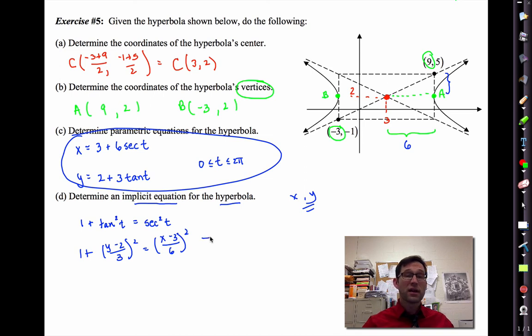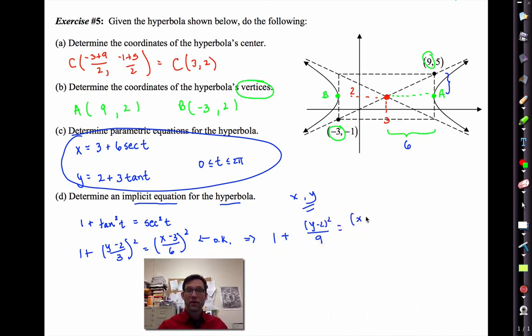Technically speaking, I suppose that's an okay answer because it is an implicit equation, only involves x and y. But I'm going to rearrange it into what's called standard form. Standard form is always a good thing. All right, so I square the bottoms, leave the tops, and now I get it equal to 1.